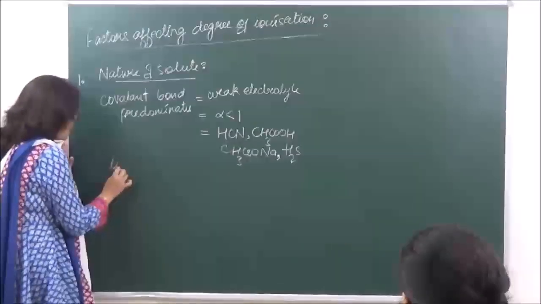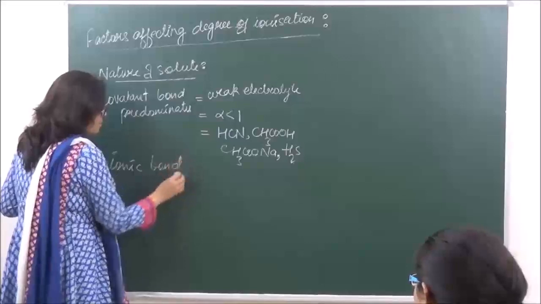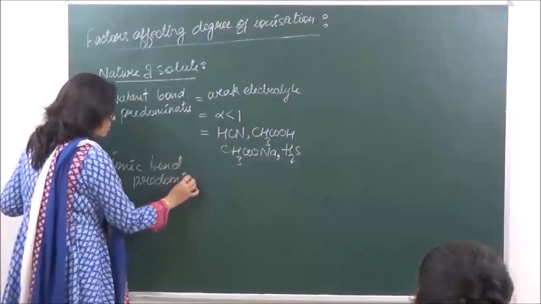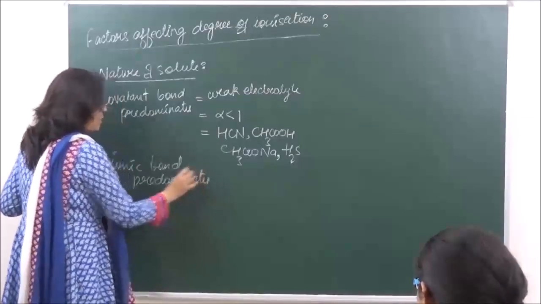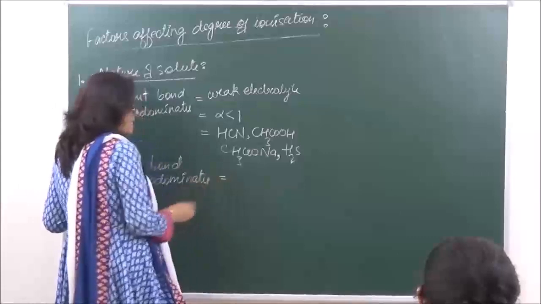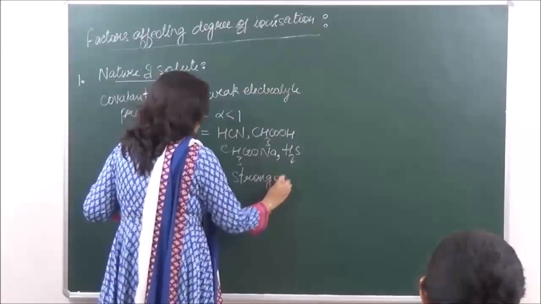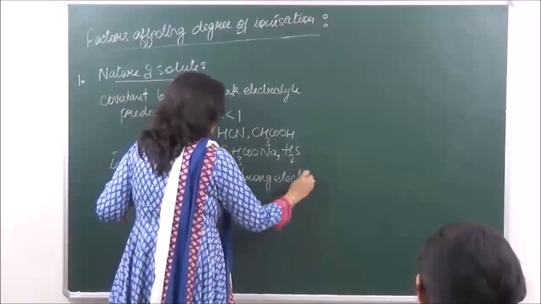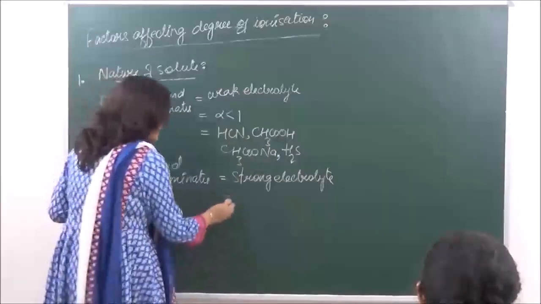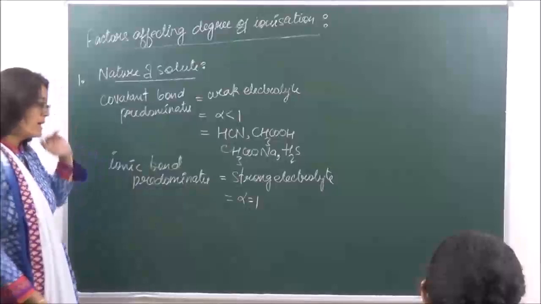If the ionic bond predominates, in that case the electrolyte is a strong electrolyte, and alpha for such cases is equal to 1.